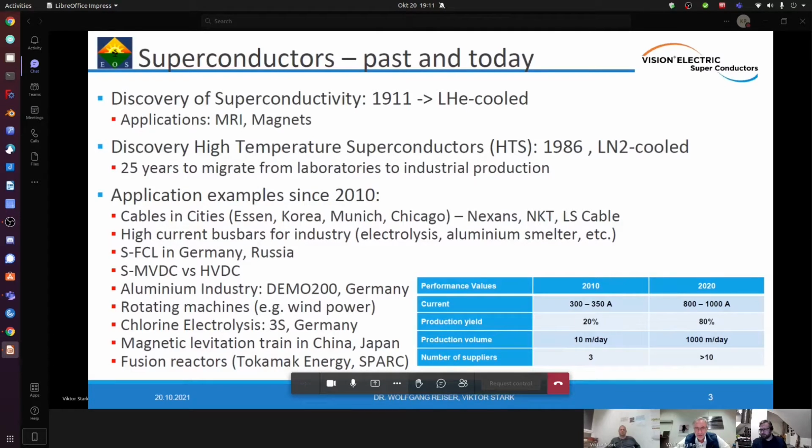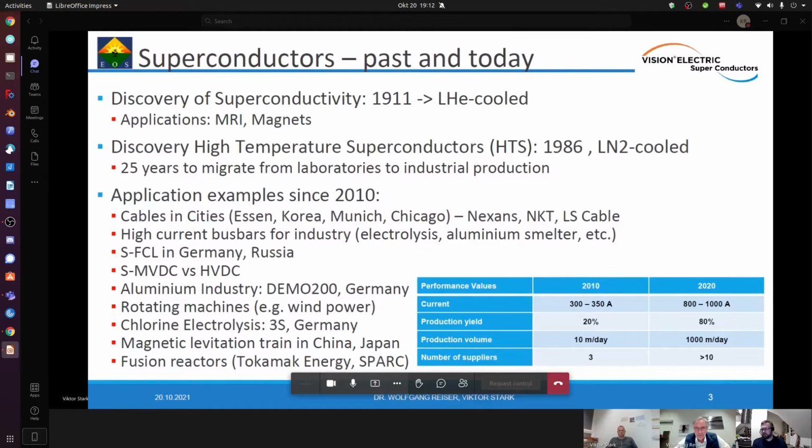At the same time, another system was running in the city grid of Essen, to show that superconductors are also ready for installation in the grid. And parallel to that, some other installations showed that superconductors give a lot of advantages, especially to rotating machines, which was installed in a wind turbine.